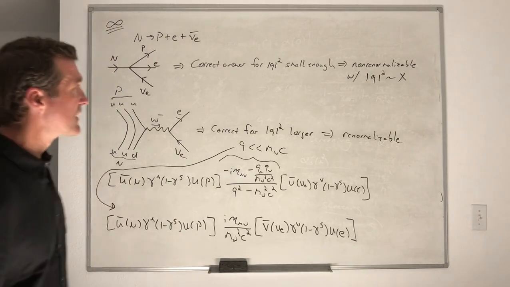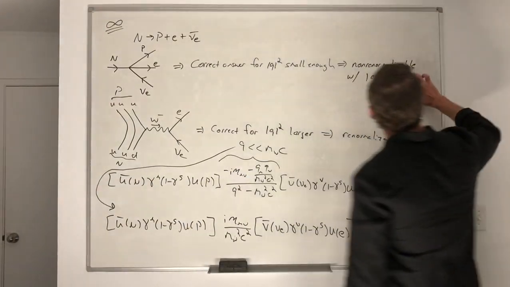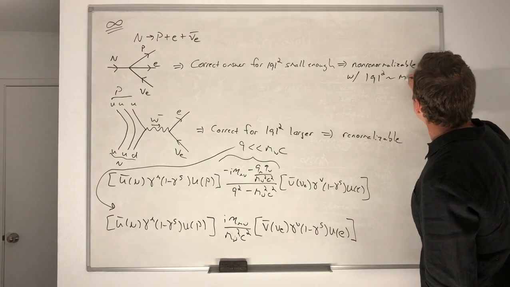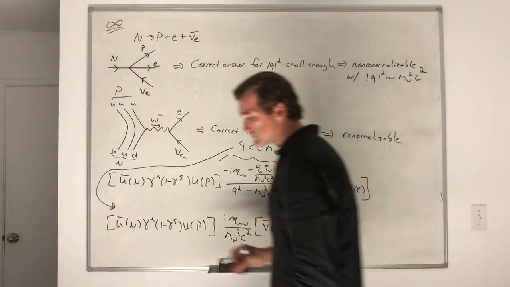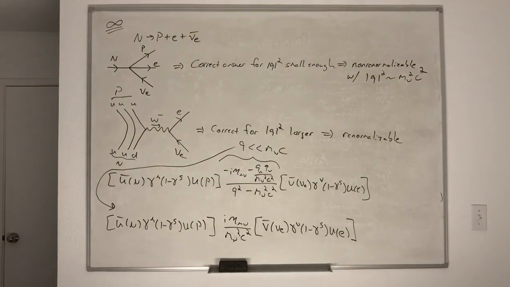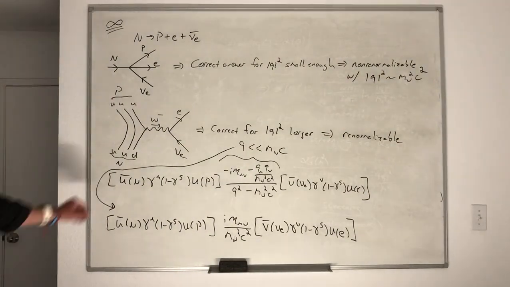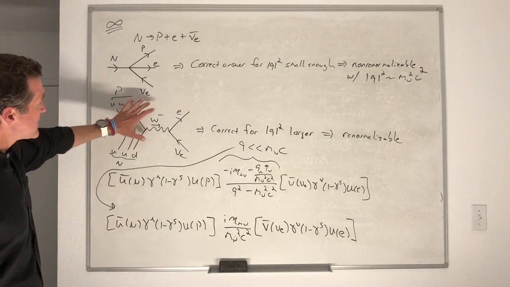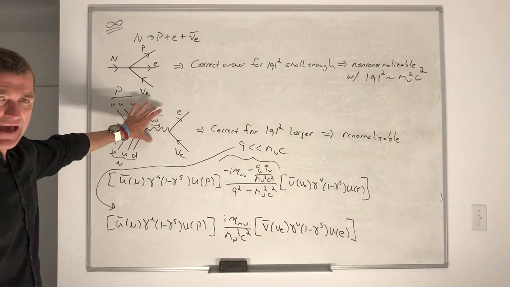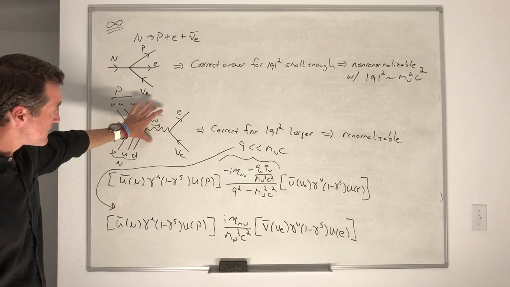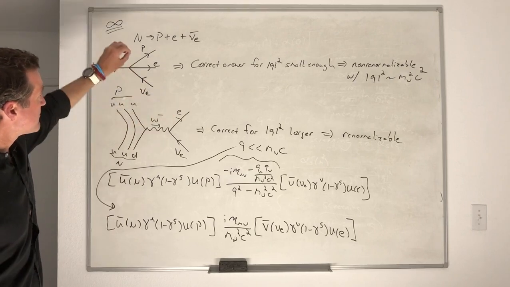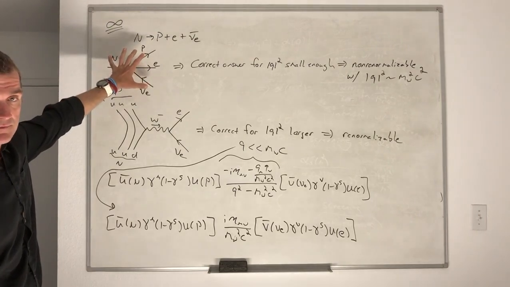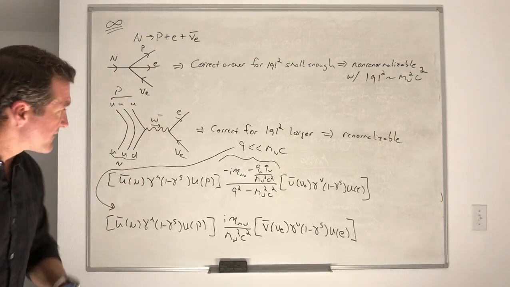Okay? So what we find is that for momentum exchange much smaller than the mass of this thing, we can effectively replace this picture by this picture. Now there's an important observation.